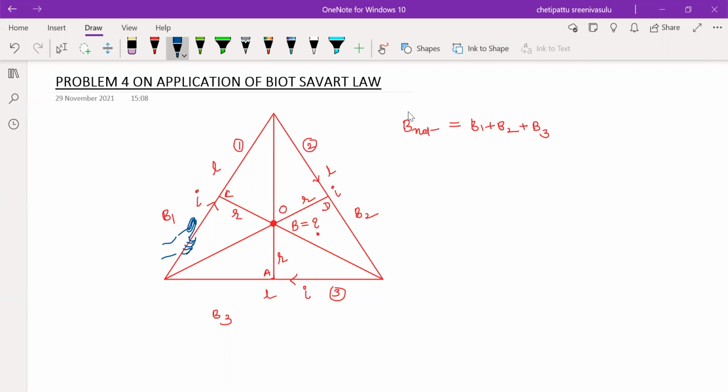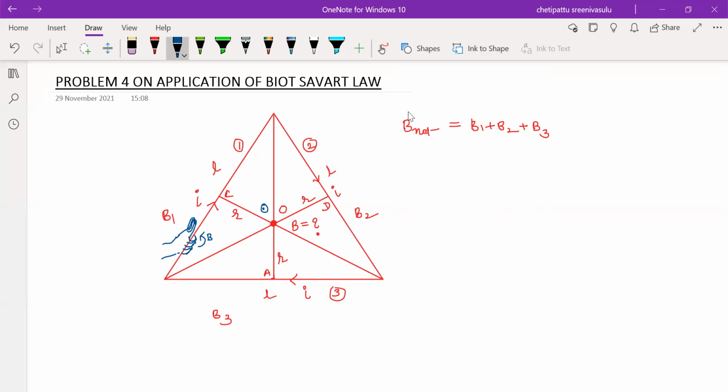How to find out the direction of the magnetic field? By using the right hand thumb rule. Take your right hand, stretch your thumb along the direction of the current, and curl your remaining fingers. The curling finger direction is the magnetic field. So the magnetic field due to this first conductor will be into the board.